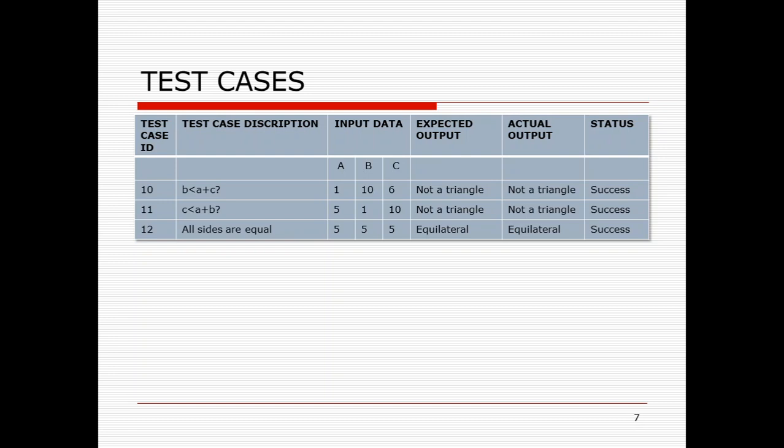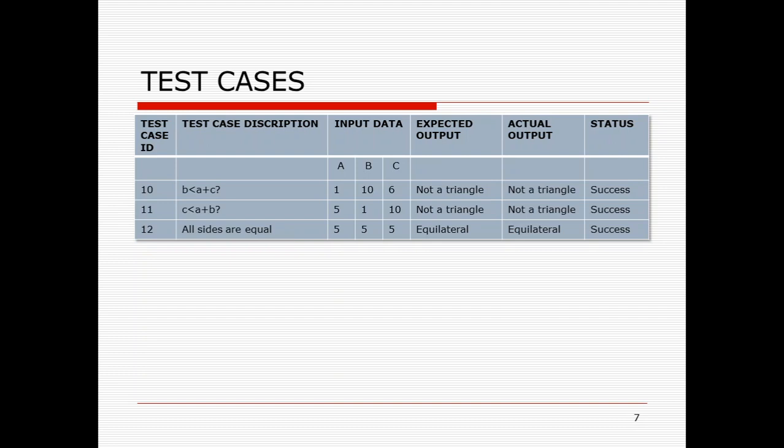We'll write a simple Java program. First, the actual program, where we check whether the triangle is equilateral, isosceles, or scalene. Then we'll have test cases generated with a module in Java called JUnit.